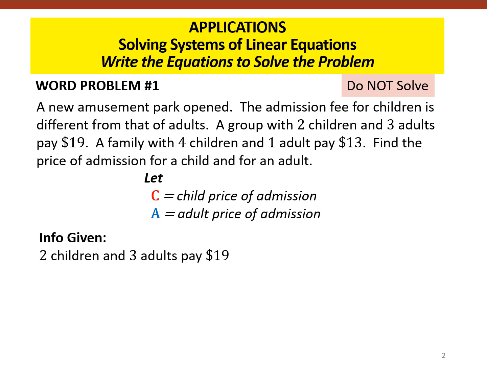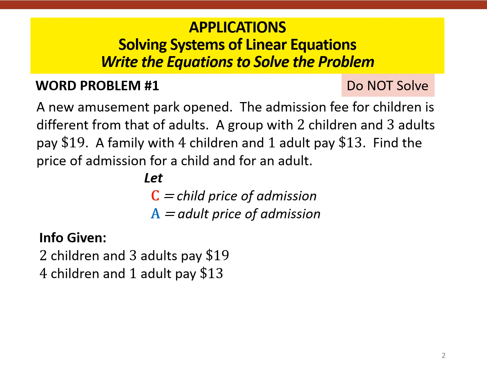The next sentence, a family with 4 children and 1 adult pay $13. 4 children, 1 adult pay $13. Now notice each one of these is one sentence. Now we're going to be asked to find the price of admission for the child and an adult, the C and the A. So I take the very first line. Now notice there are 2 lines, 2 equations, right? Okay.